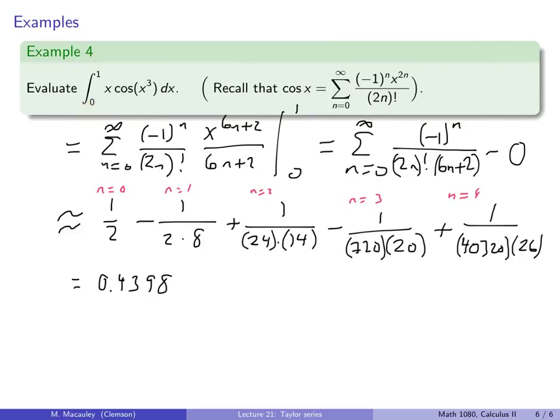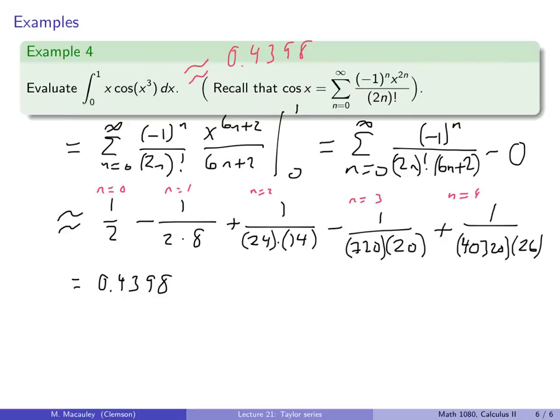This is the first five terms, or you can say up to the term that has the 8 factorial in it. So really it's like the first 8 or 9 terms, because I'm skipping every other term, it gets to the 8th degree term. So our answer is approximately equal to 0.4398.